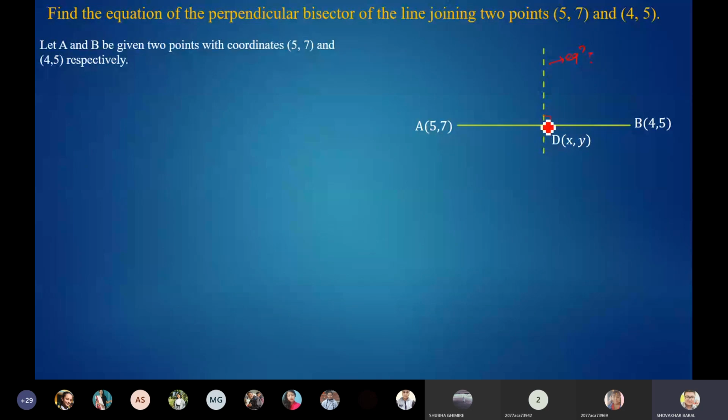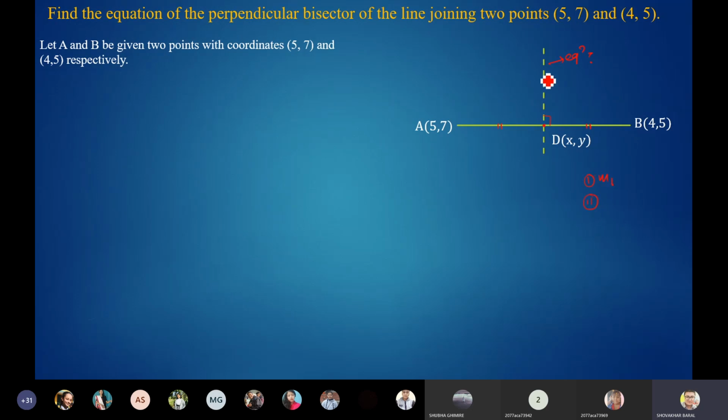Draw the perpendicular sign here and give two equal signs, because this line must pass through this point, that is the midpoint. So what is the basic step to find the equation of this straight line? At first, we need to find the slope of this line, m1.